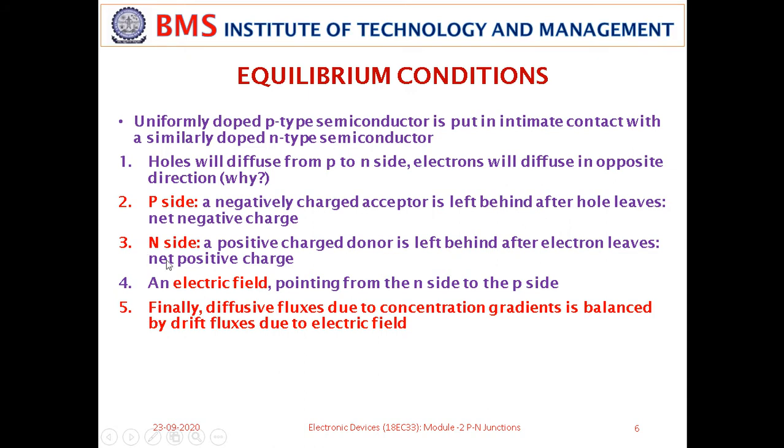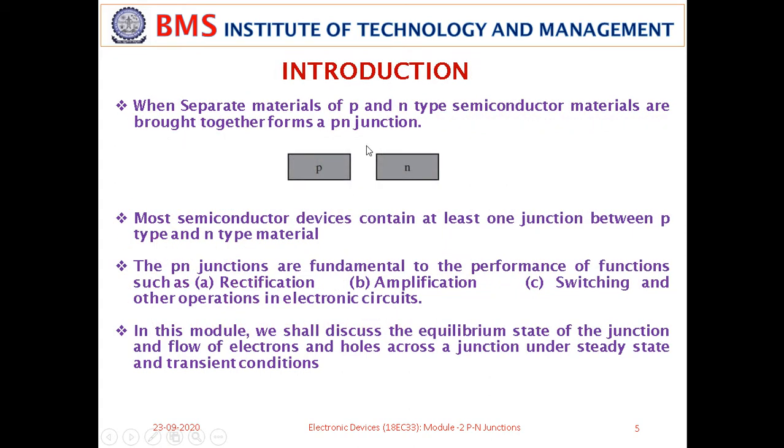And if you see the n side, on the n side electrons are the majority charge carriers. Electrons keep moving from the n side to the p side, and when an electron leaves its position, it creates an empty state, or hole, in that position. Since these atoms donated an electron, they have become positively charged immobile ions, depleted positively charged ions.